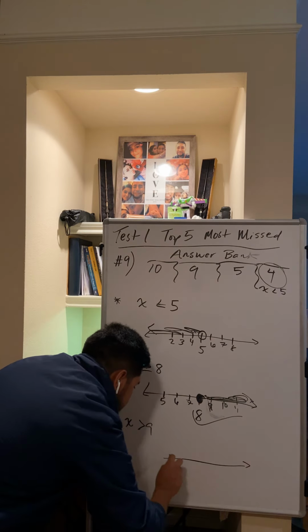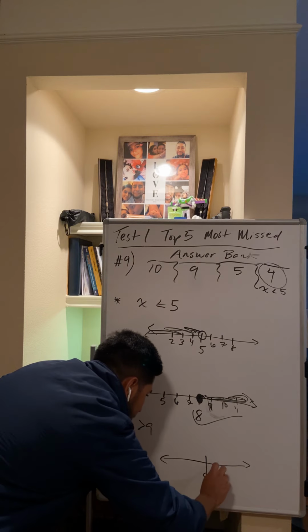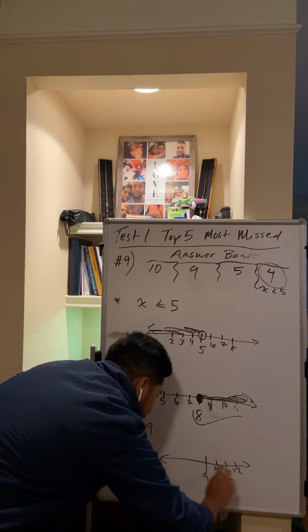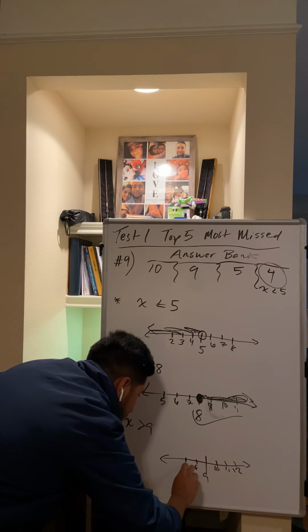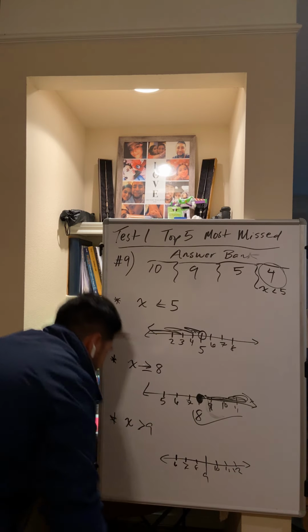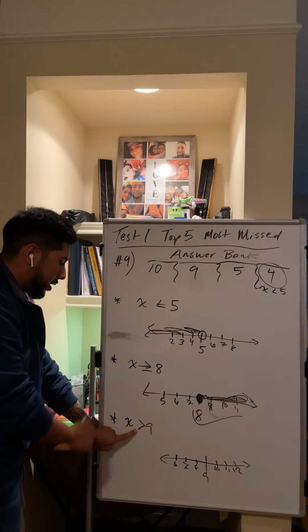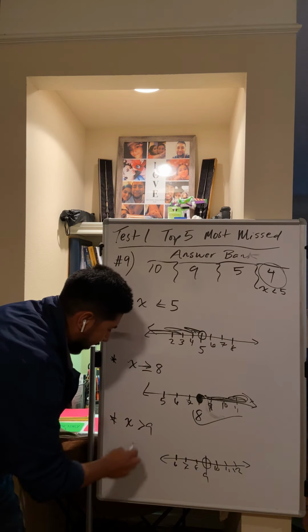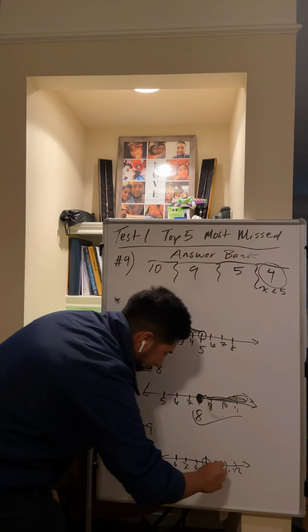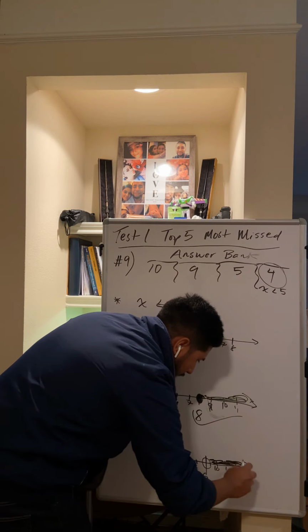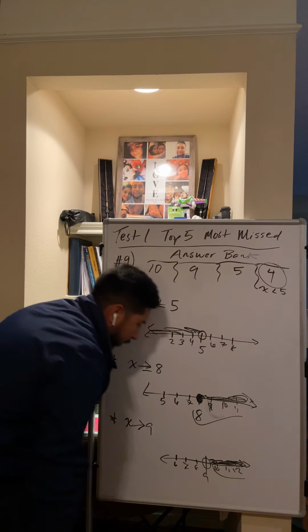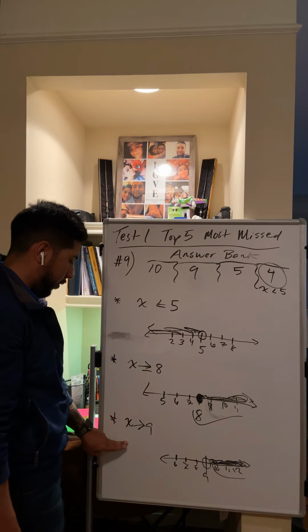Number line, 9 in the middle, 10 going up, 11, 12, down 8, 7, 6. Greater than symbol. This does not have the equal to, so this is an open circle. Arrow going that way. 9 is not included. 10, 11, 12 are included, so this is where the confusion was.